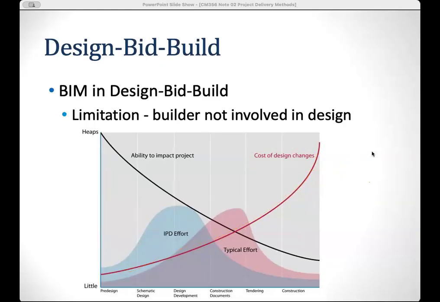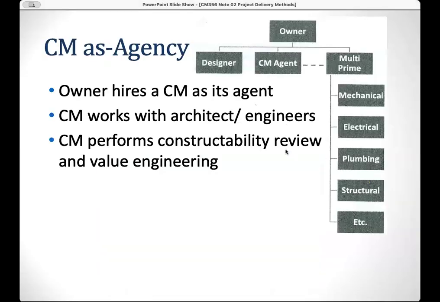Let's move to the next slide. The next one we're going to see is CM agency. The contract structure for CM agency looks like this. You will have your owner here.